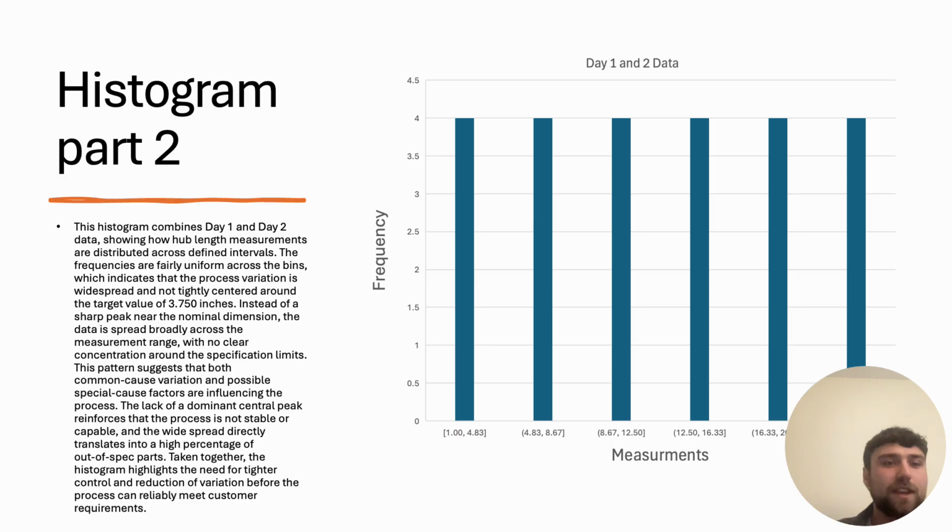This pattern suggests that both common cause variation and possible special cause factors are influencing the process. The lack of a dominant central peak reinforces that the process is not stable or capable, and the wide spread directly translates into a high percentage of out-of-spec parts.